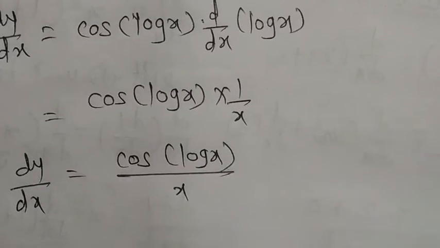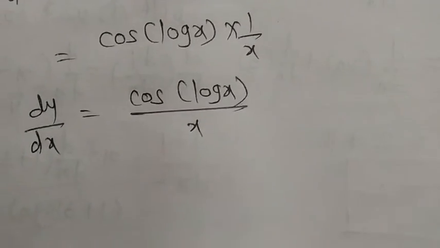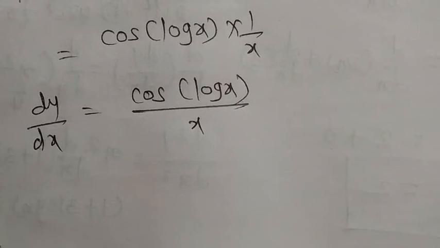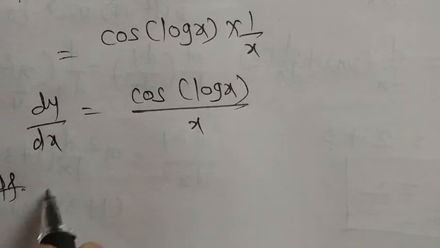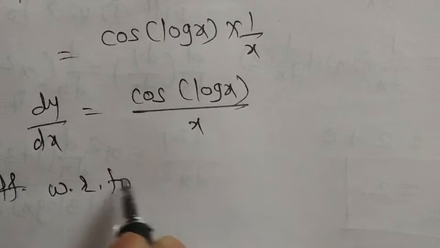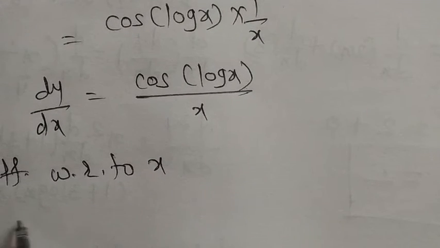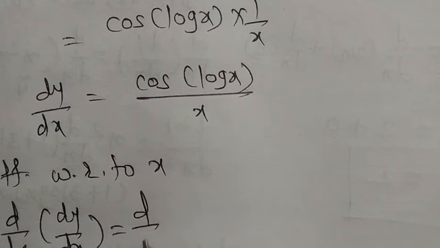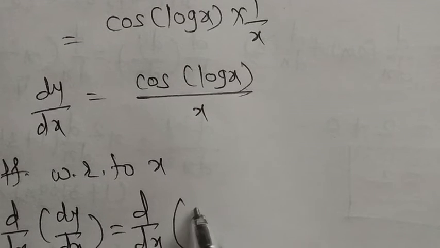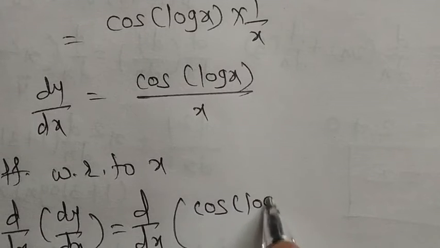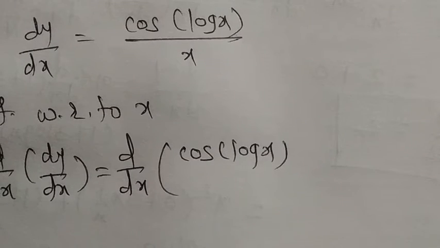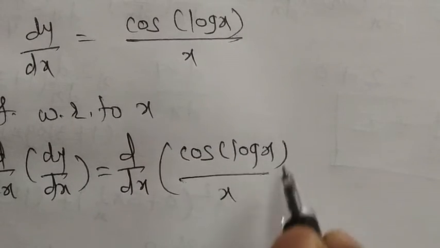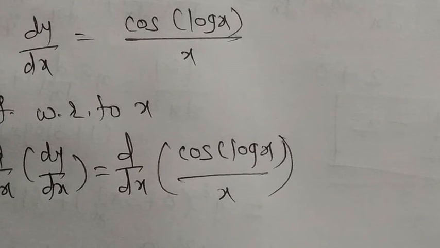Now we want the double derivative, so we differentiate again with respect to x. So d by dx of dy by dx equals d by dx of cos of log of x upon x. Now here is a u by v rule.